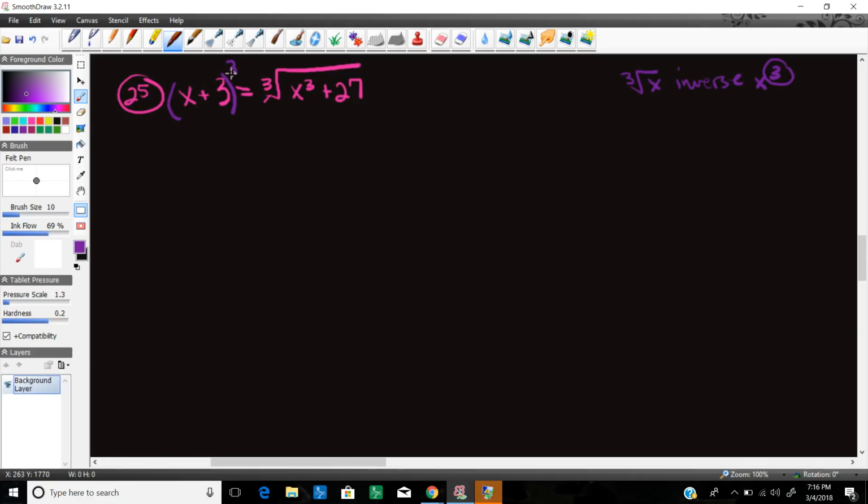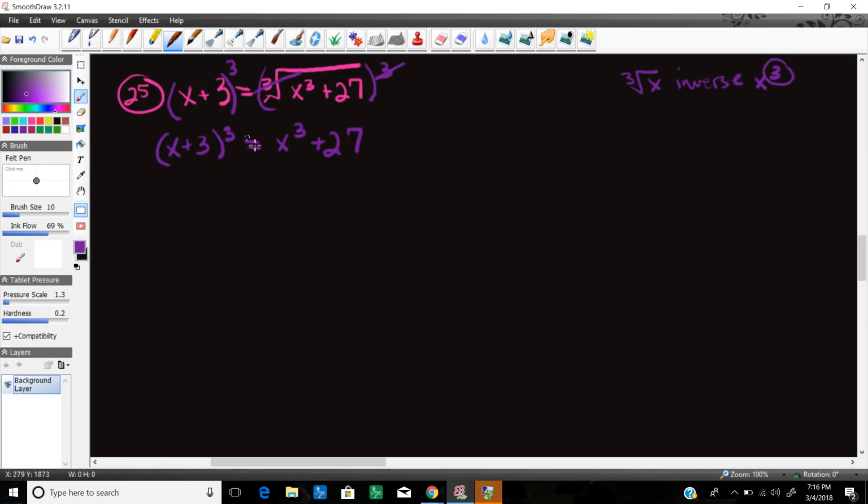So I put a parentheses cubed, parentheses cubed. And what that does is it crosses this out for me. And on this side, this means that I'm going to have 3 of these parentheses. So let me rewrite it first. This is x plus 3 cubed is equal to x cubed plus 27.